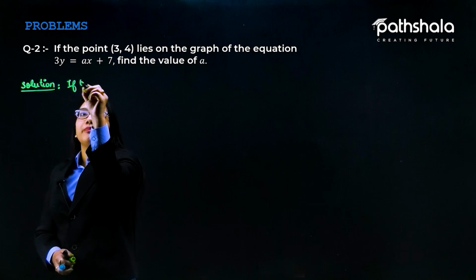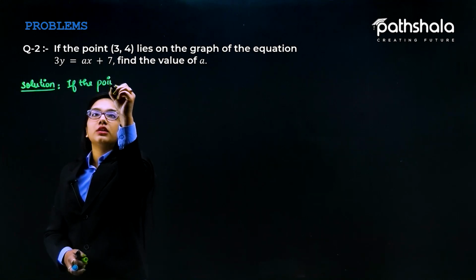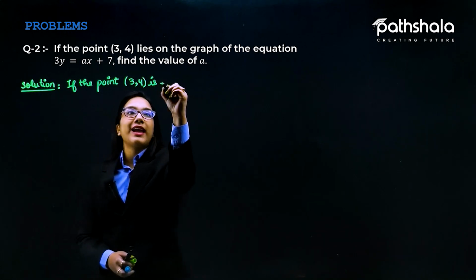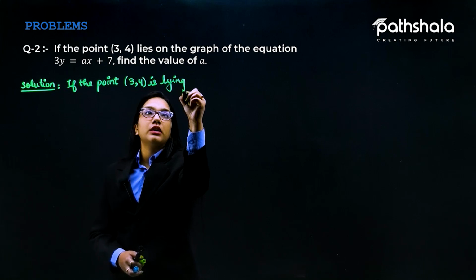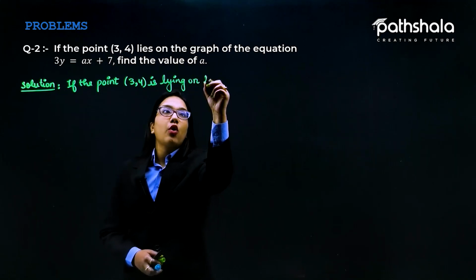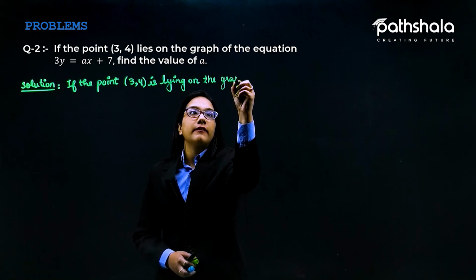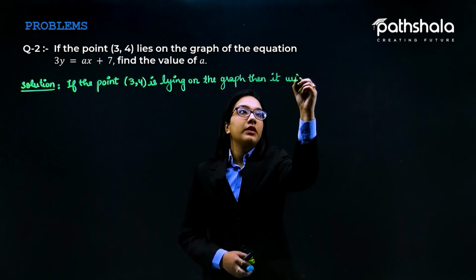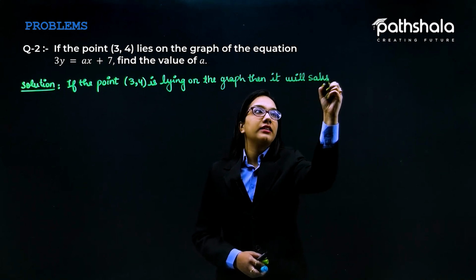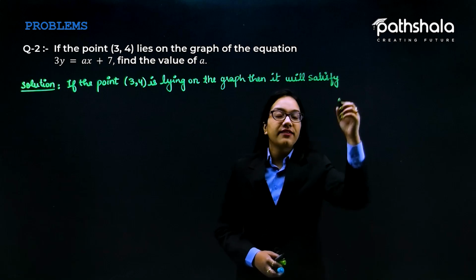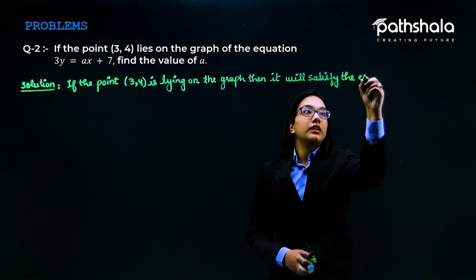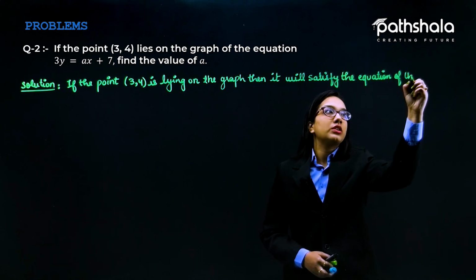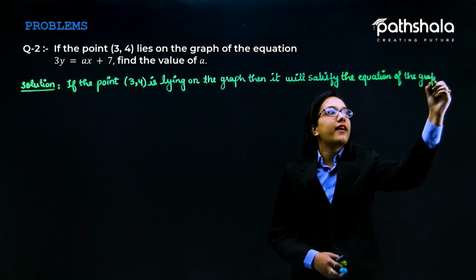If the point (3, 4) is lying on the graph, then it will satisfy the equation of the graph.